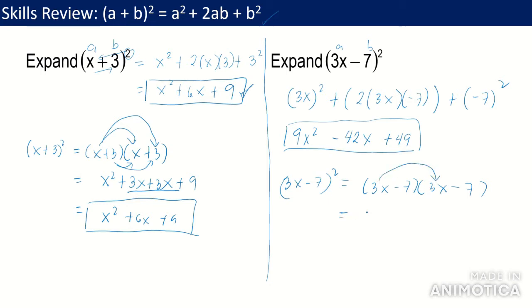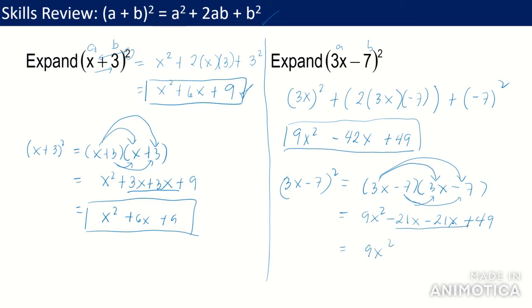3x times 3x is equal to 9x squared. 3x times negative 7 is equal to negative 21x. Then negative 7 times positive 3x is negative 21x still. Negative 7 times negative 7 is equal to positive 49. We can combine these like terms.